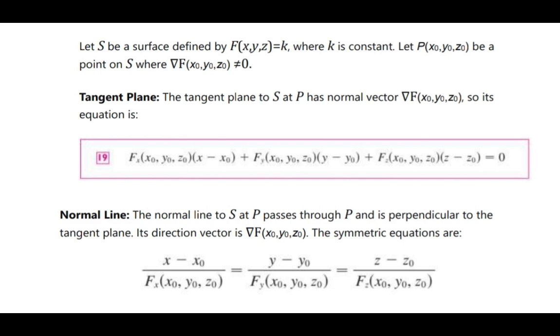So the symmetric equations are (x − x₀)/fₓ(x₀, y₀, z₀) = (y − y₀)/f_y(x₀, y₀, z₀) = (z − z₀)/f_z(x₀, y₀, z₀).